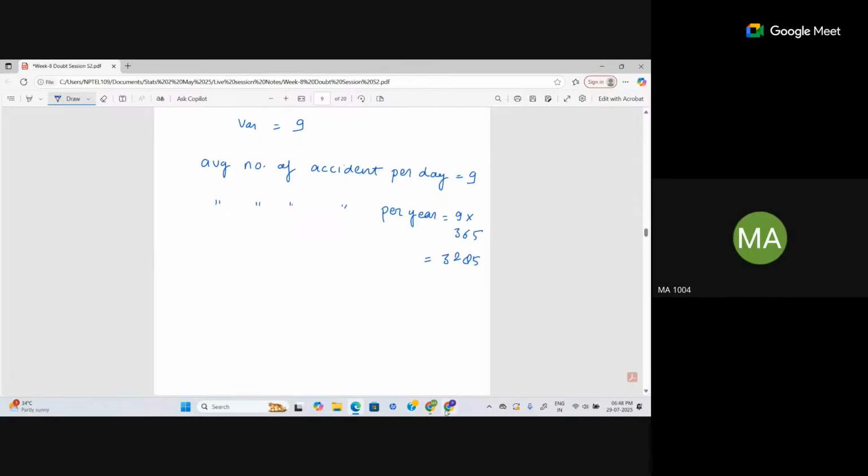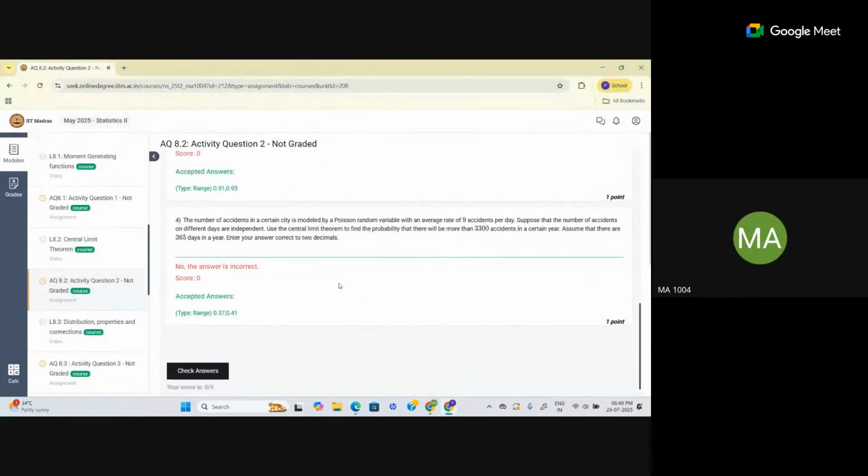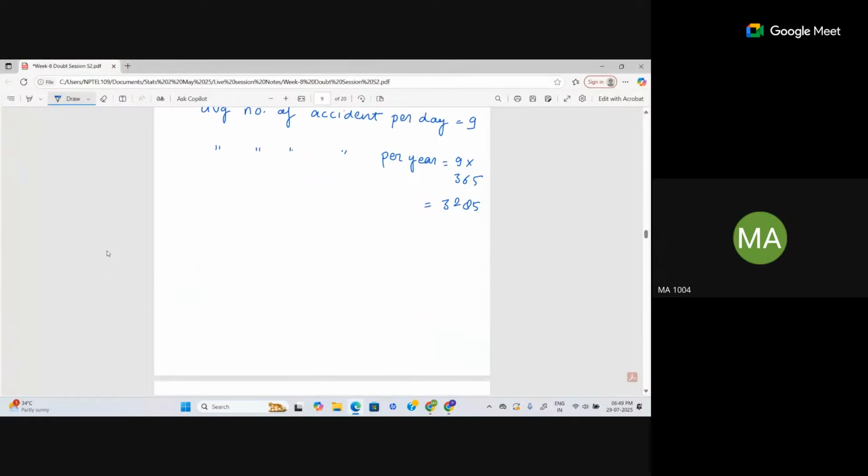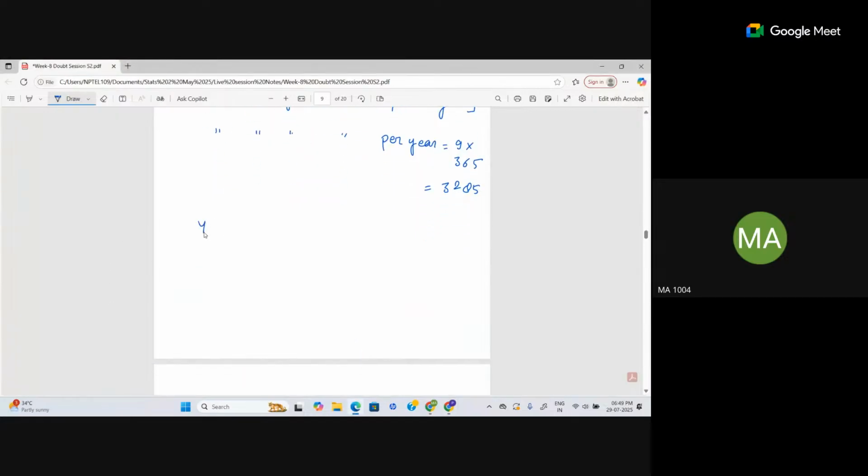Now it is asked that there will be more than 3300 accidents in a certain year. Suppose Y is a variable representing the number of accidents per year.